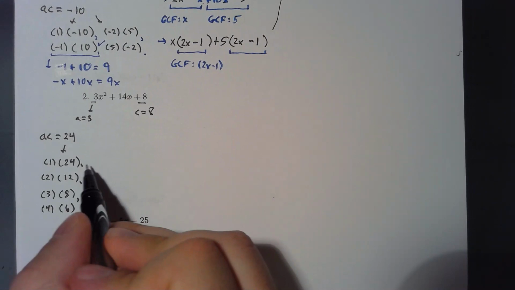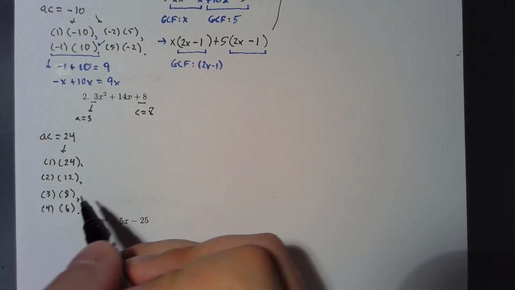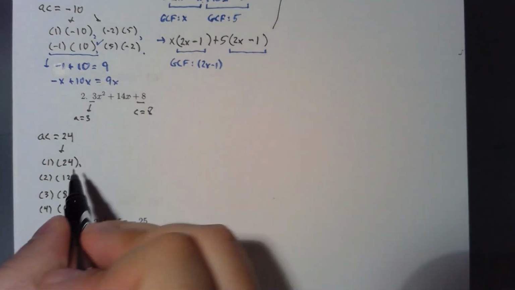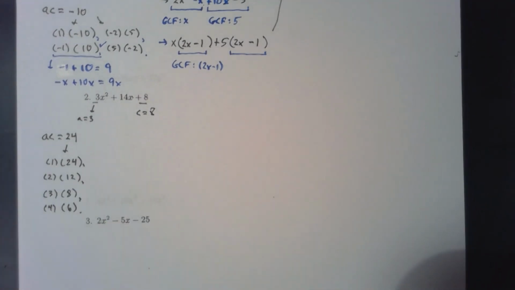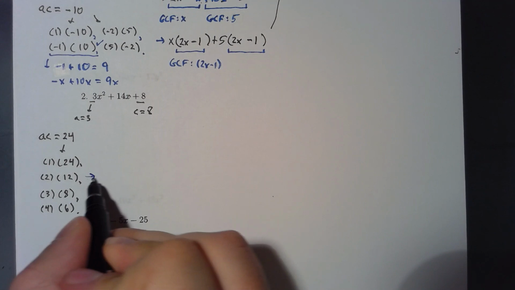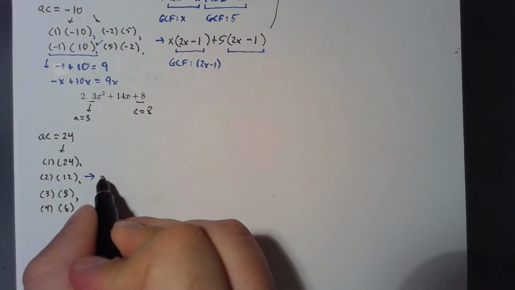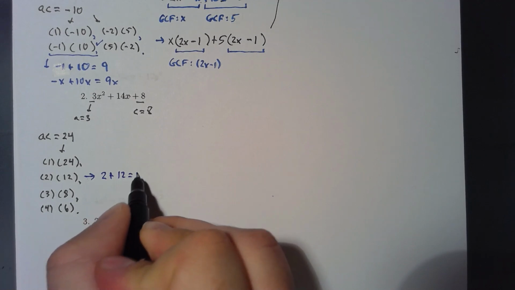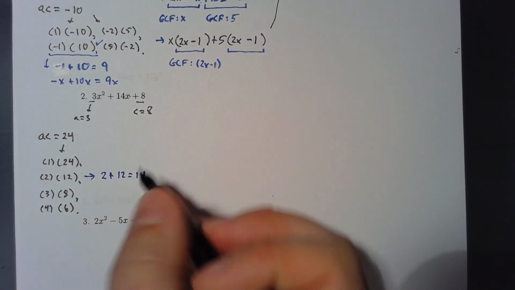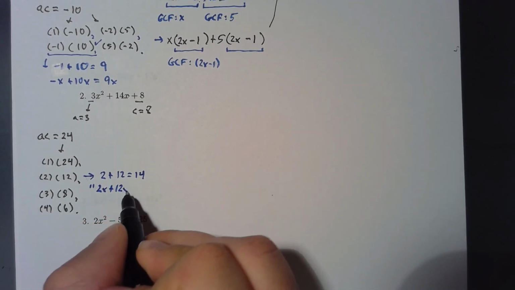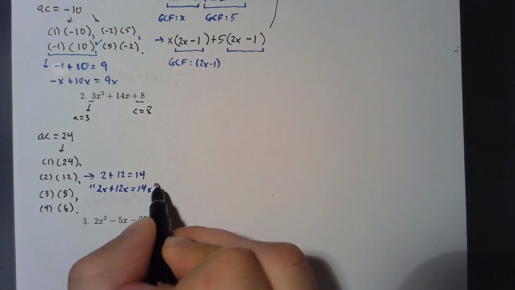Now, which one of these, when I add them together, are going to give me 14? Right here, the 2 and the 12. So that should be pretty obvious, right? 2 plus 12 is 14. So what I have is 2x plus 12x is 14x.